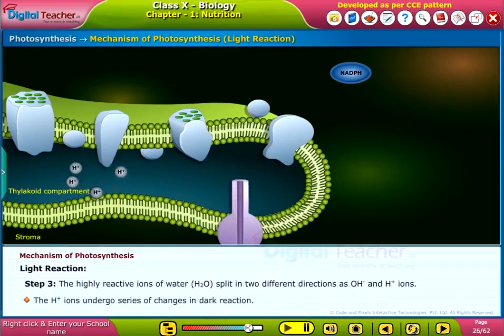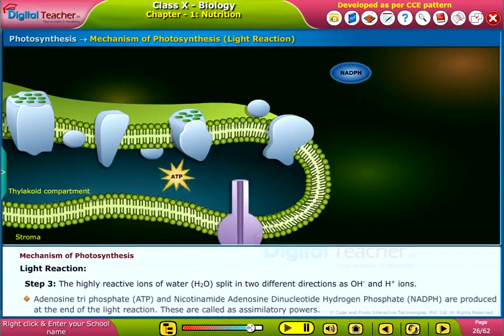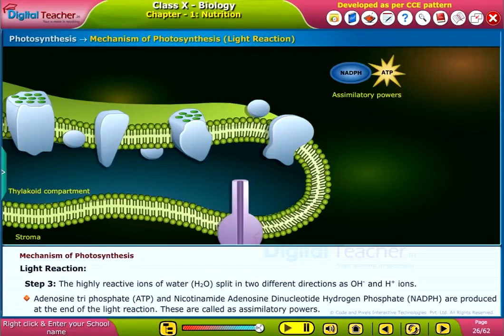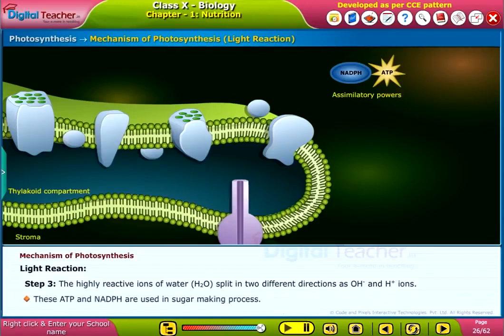The hydrogen ions undergo a series of changes in dark reaction. Adenosine triphosphate (ATP) and nicotinamide adenine dinucleotide phosphate hydrogen (NADPH) are produced at the end of the light reaction. These are called assimilatory powers. These ATP and NADPH are used in the sugar making process. Let us learn about dark reaction.